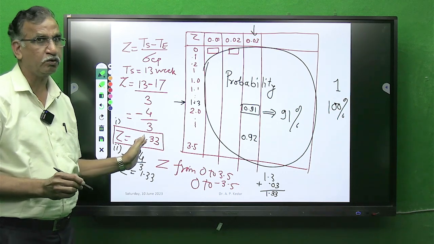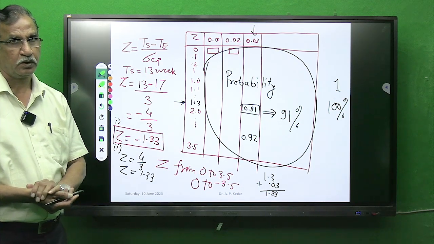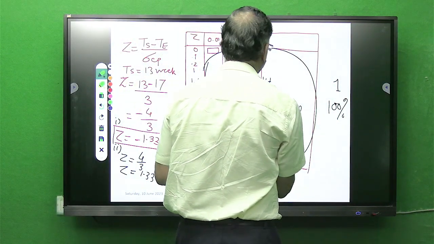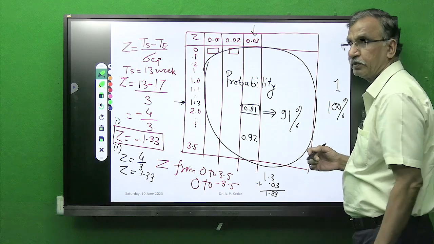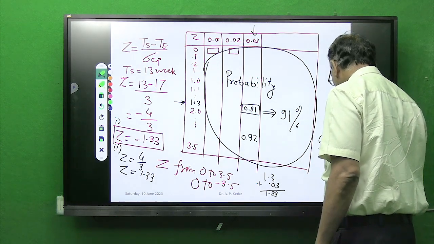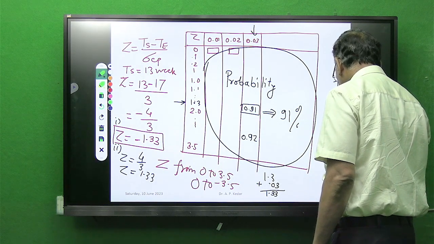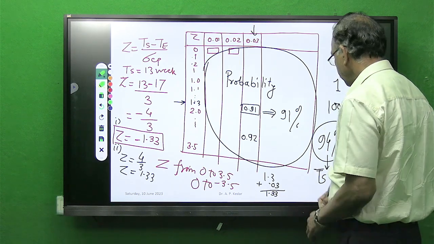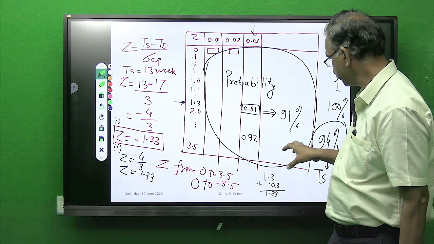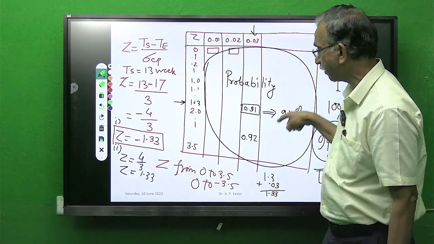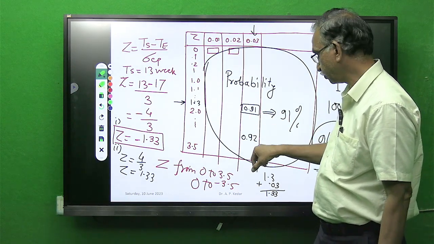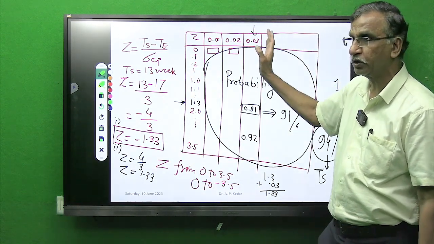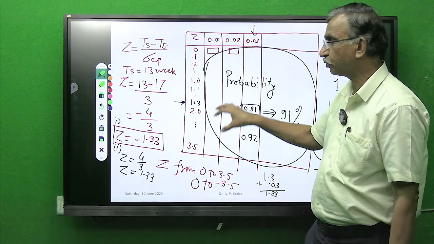Similarly, we can find the value of other values. And one concept is there. This is how to find probability. We were given the value of probability. You were asked to find the Ts for 94% probability in this particular problem. So what we will do, we will locate 0.94 in this data sheet. For 0.94 we will find the corresponding row and column, and then we will add that row and column.